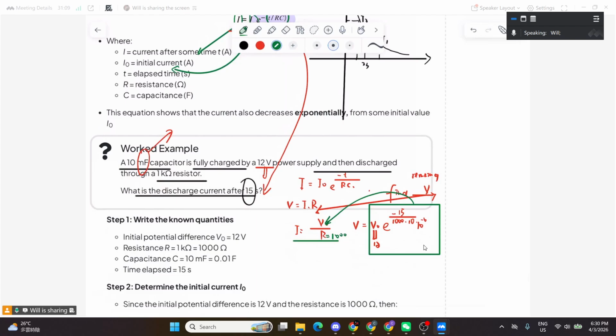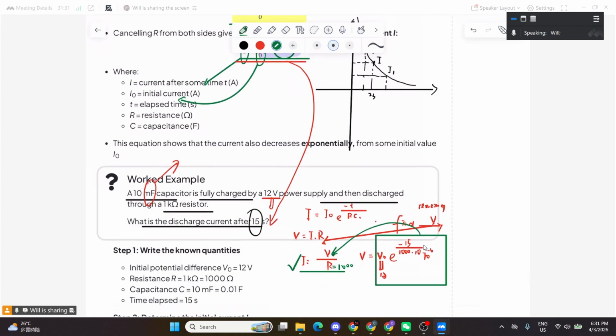Understand that? Okay. The question just tells us how to use the three formulas of the exponential decay equation. After we read the variables, the capacitance, the voltage, the resistance, the question asks us to find the discharge current after 15 seconds.